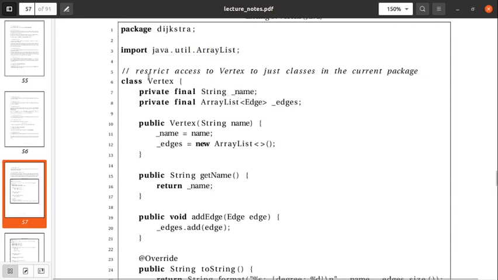So in that case, you would make it public, but here we don't make it public. So final, right? So now we're looking at these declarations, right? So private is again an access modifier, so only the things inside this class should know that this underscore name property exists, or private variable exists. And the same thing with this underscore edges.